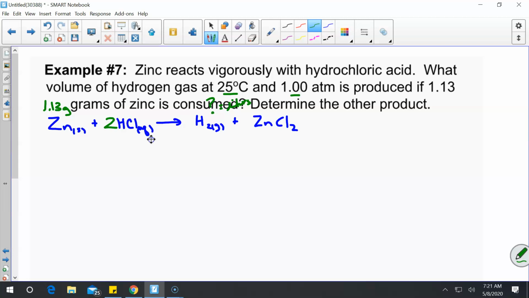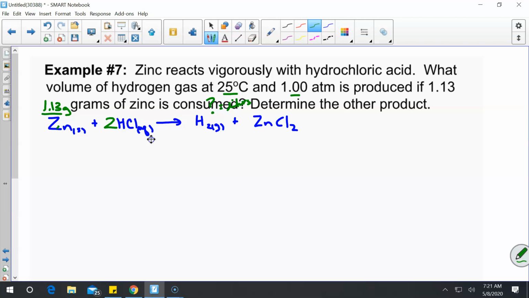We either do stoichiometry first from what we know before, or we use the ideal gas law. In this case, since we have mass of zinc, we can take that and we can convert this zinc. Look at, this is a 1-to-1 ratio. So if I figure out moles here, can't I know moles of hydrogen? I should be able to know that.